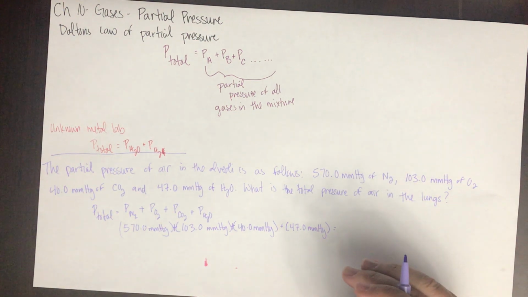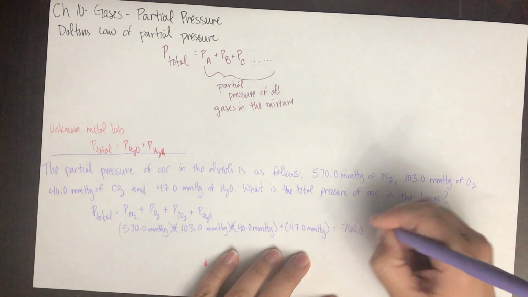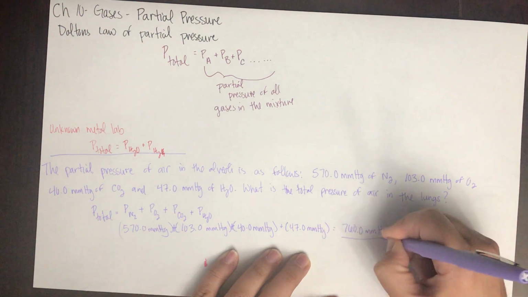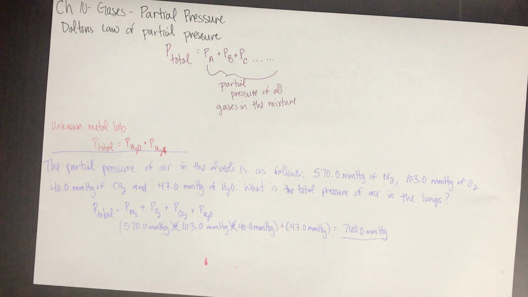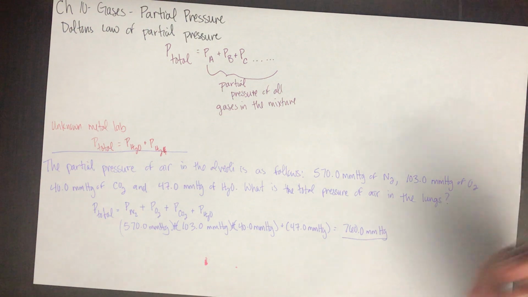When you add all these together, you get 760 millimeters of mercury. And when you look at your conversion chart, you'll see that this is 1 atmosphere of pressure. That means this is atmospheric pressure at sea level, which is what you would expect the pressure of air to be in your lungs based on what location you're in. But that is all you need to know about partial pressure.